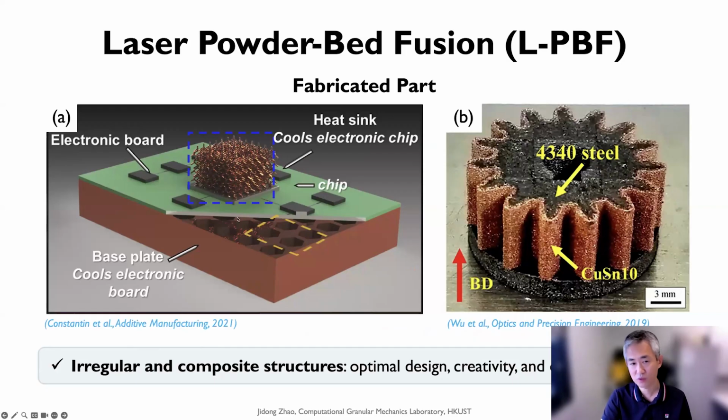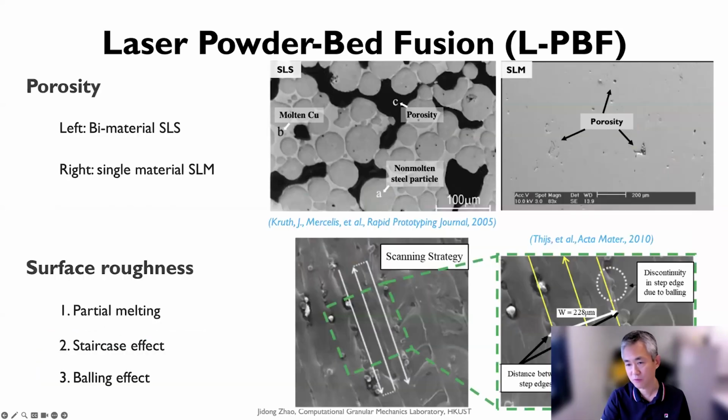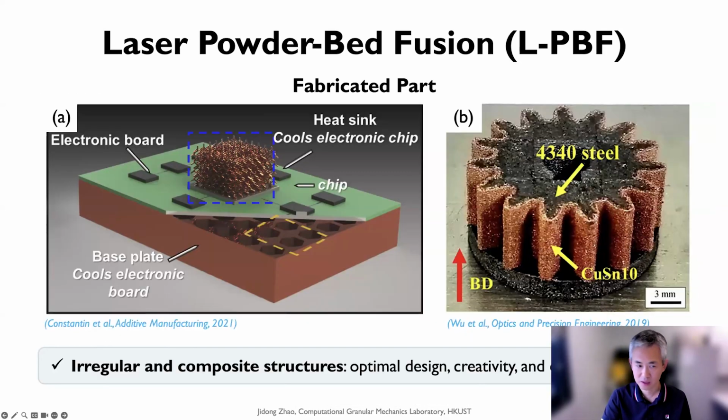For example, you may want to print a very small part, like this heat sink for cooling electronic chips, and this can be printed by laser melting technology. This is another example showing that we can optimize the design and print parts in a quite creative way, which conventional manufacturing cannot possibly achieve.